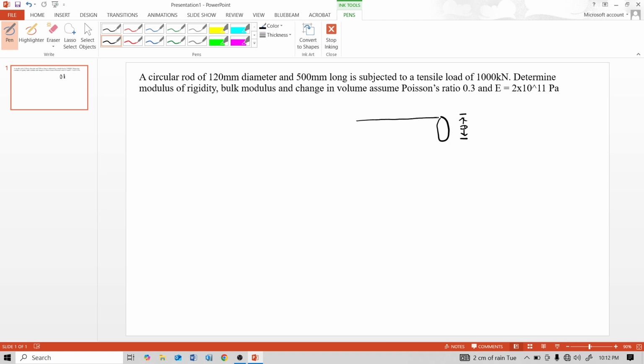This longitudinal length of the bar or rod is denoted as L. It is subjected to a tensile load of 1000 kilonewton. This tensile load is P.